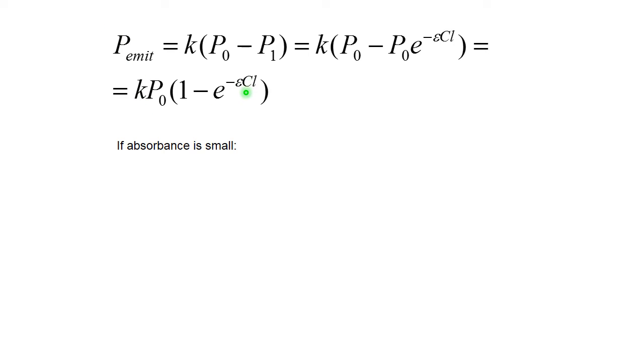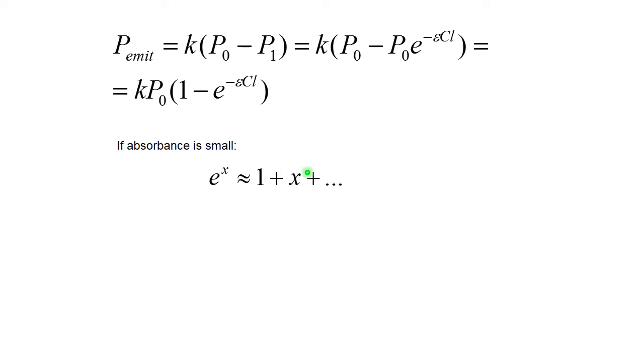No, this is not a straight line. It's exponential, complex and very unpleasant. But if absorbance is small, where this value is absorbance, we can write that e to the power x can be simplified. What is e to the power x? Mathematicians say that it can be simplified as 1 plus x plus some other terms.